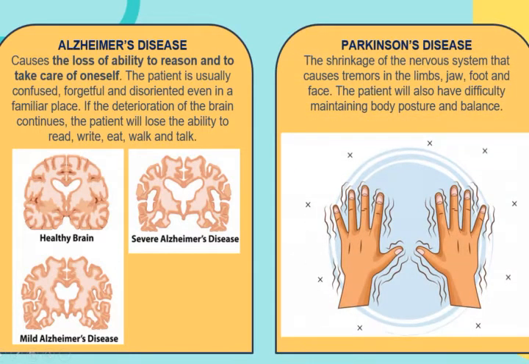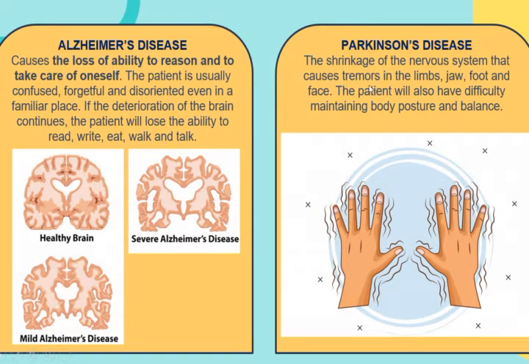Next we go to Parkinson's disease. This is a Parkinson's patient. It is the shrinkage of the nervous system that causes tremors in the limbs, jaw, foot, and face. The patient will also have difficulty maintaining body posture and balance. When the nervous system shrinks, what happens?